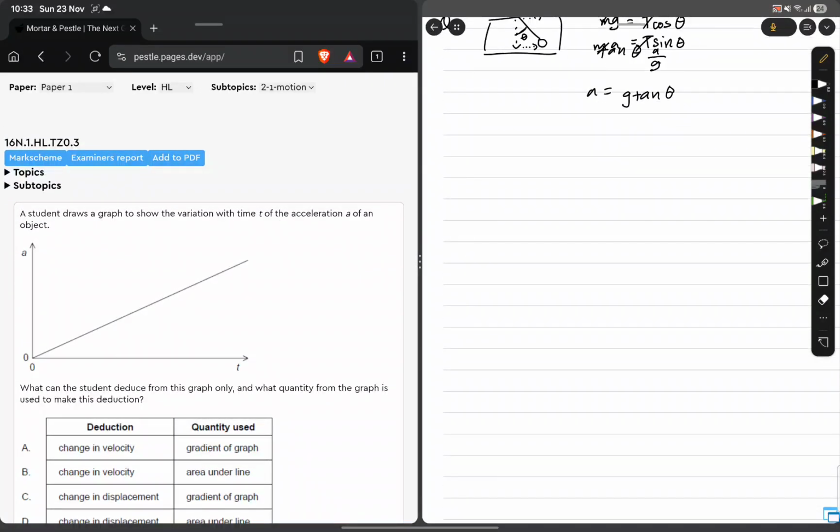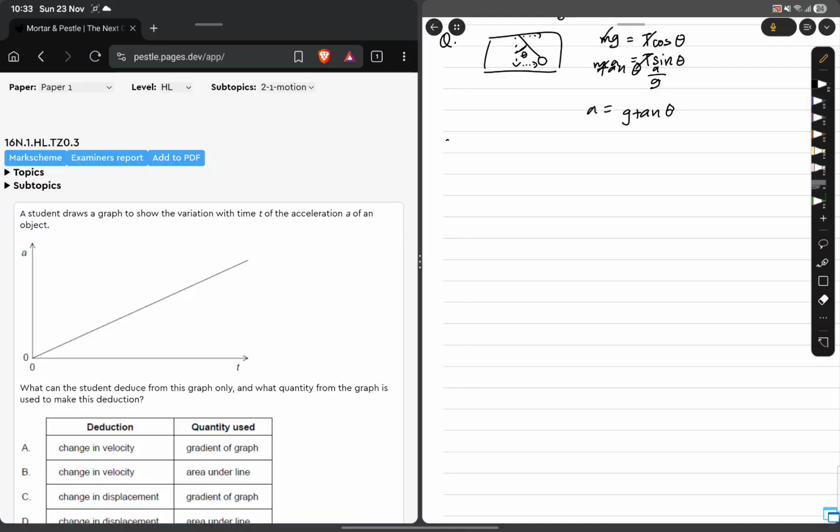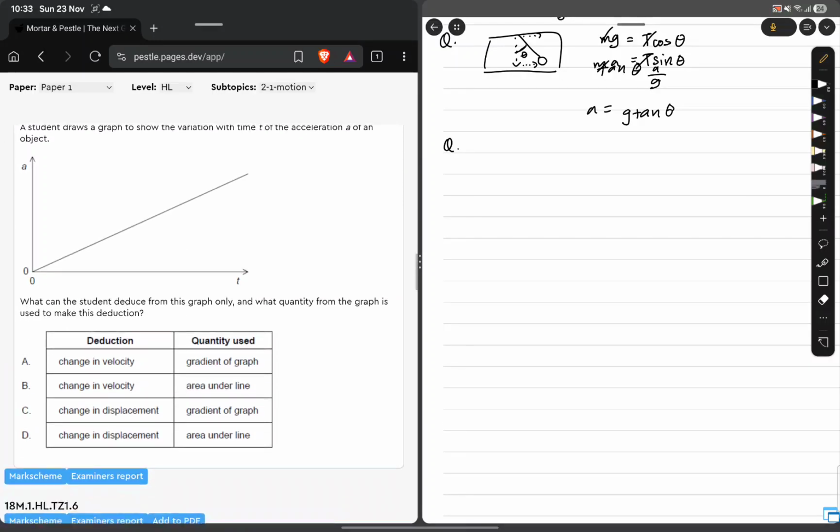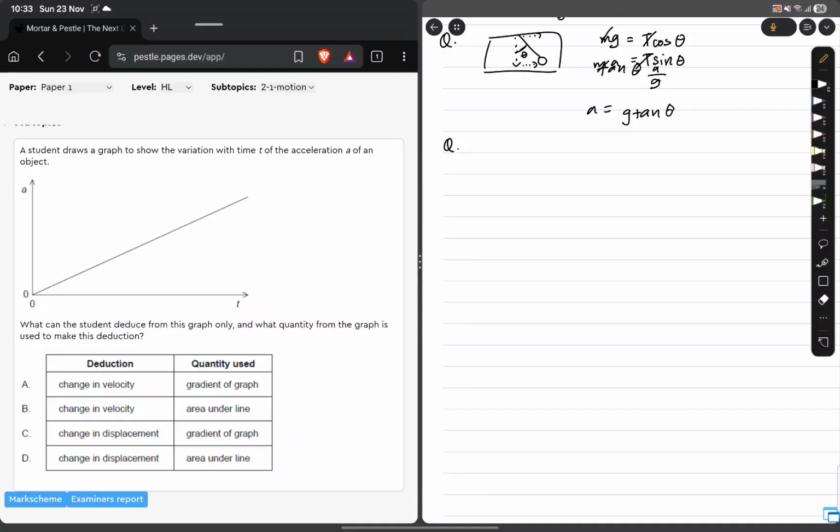Next question asks, a student draws a graph to show the variation with time of the acceleration A of an object. What can a student deduce from the graph only, and what quantity from the graph is used to make this deduction? Alright, so the acceleration is increasing, as we can see.